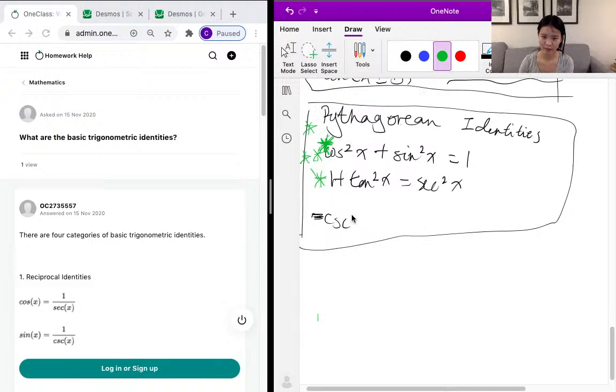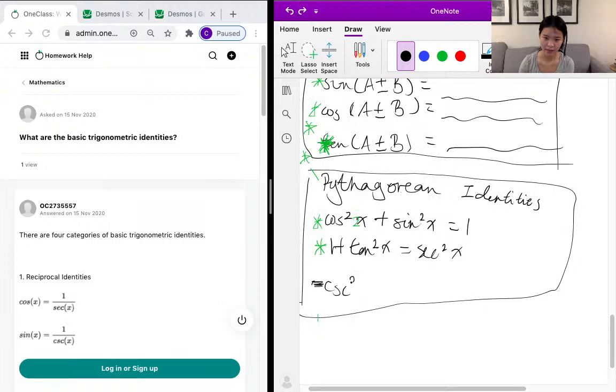Okay, but the third one, let me just write it down as well. It's about cosecant squared x.